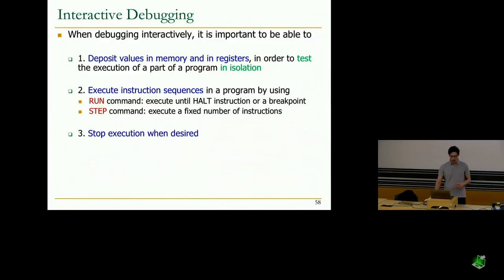Current debuggers allow us to run several commands, like run, that simply runs the program until the end or until it reaches some breakpoint, or step, that allows us to run step by step. You're probably familiar with this if you have used some debugger when programming with some high-level language.